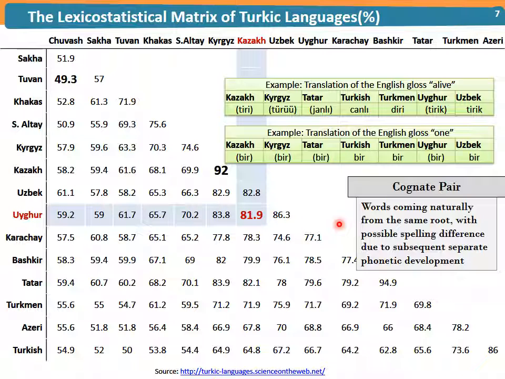In translations, in most cases, cognate pairs are considered direct translations, or just one-to-one mapping. For example, Uyghur and Kazakh share their lexicons up to 82%.